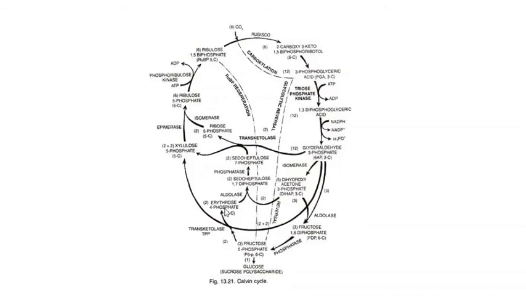So in the regeneration, the first step is that some molecules of phosphoglyceraldehyde and one molecule of fructose 6 phosphate combine and are converted into xylulose 5 phosphate, which is 5 carbon, and erythrose 4 phosphate, which is 4 carbon, in the presence of the enzyme transketolase. So this is the first step in the regeneration.